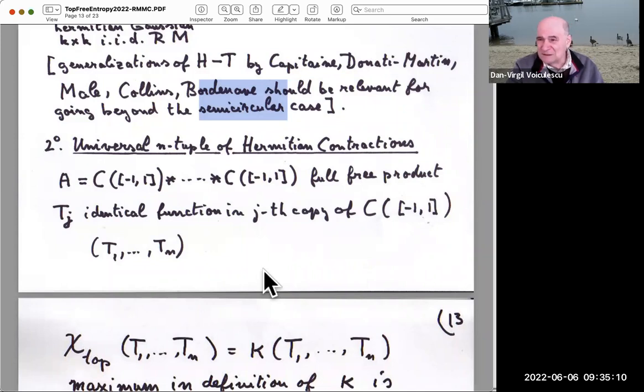It is the universal C-star algebra generated by n self-adjoint operators of norm at most 1.